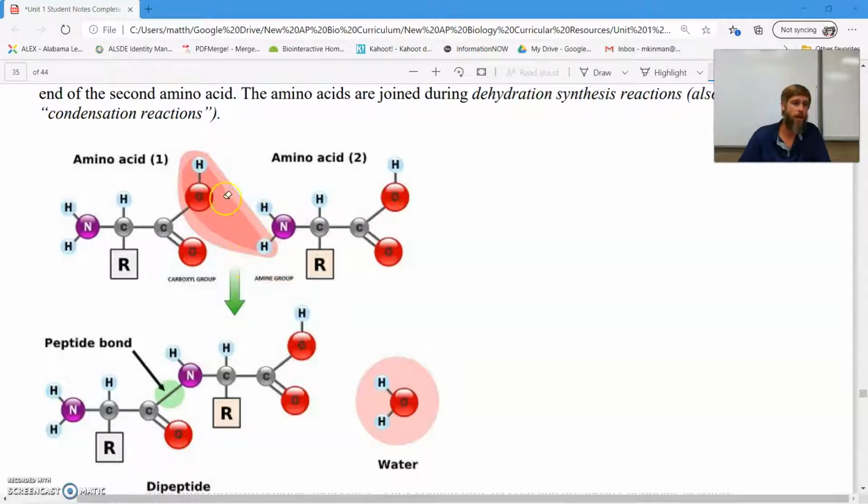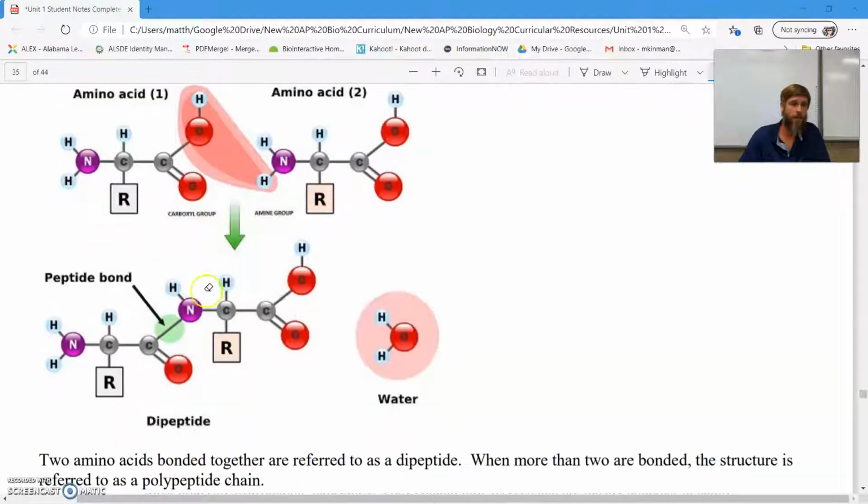It's going to donate it to this hydroxide that's going to accept it. And so when that happens, you form a peptide bond, which is a type of covalent bond. So then the amine group of this one will bind to the carbon of the carboxyl group on this end, thus forming your dipeptide and releasing water.